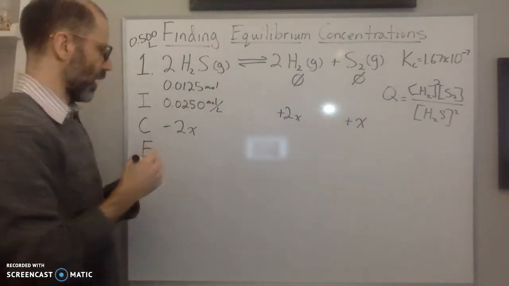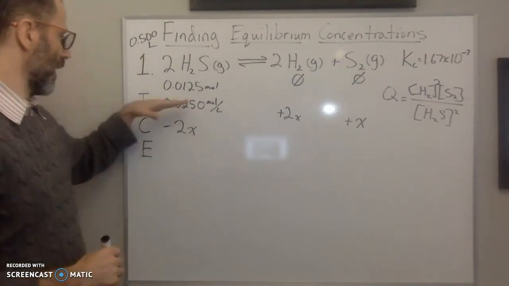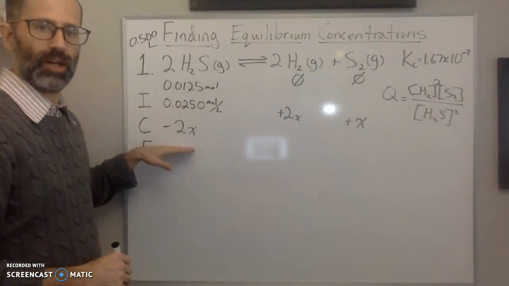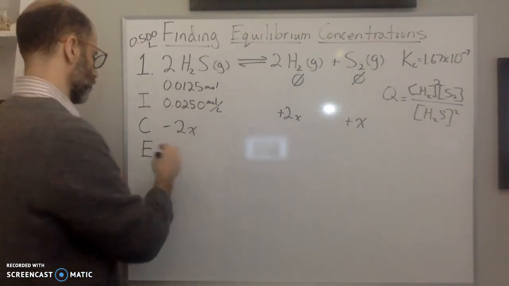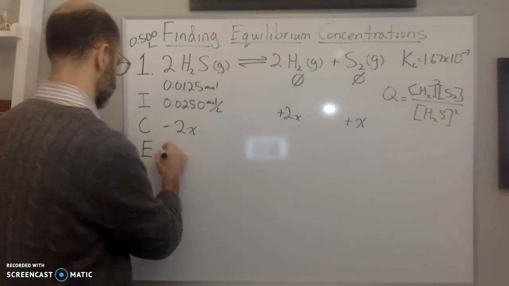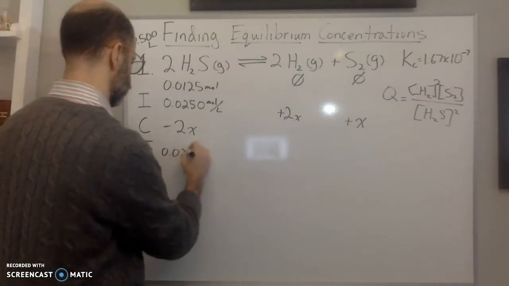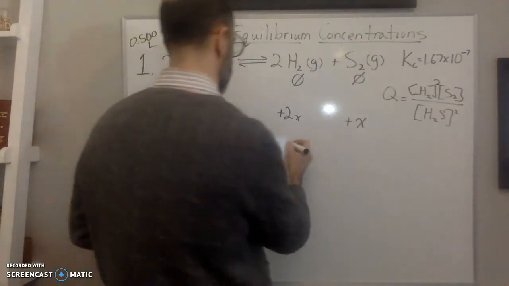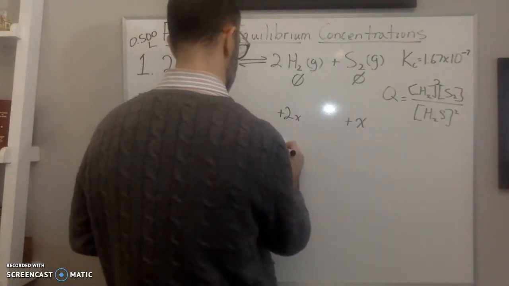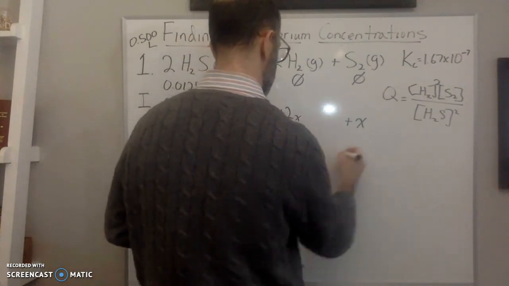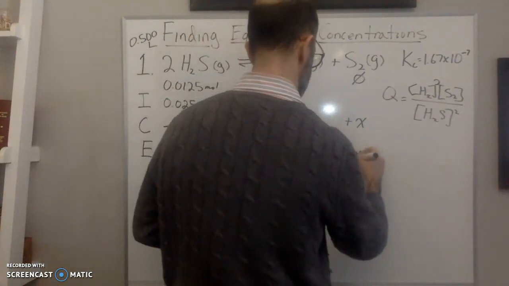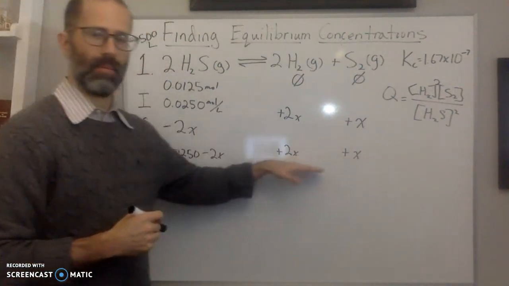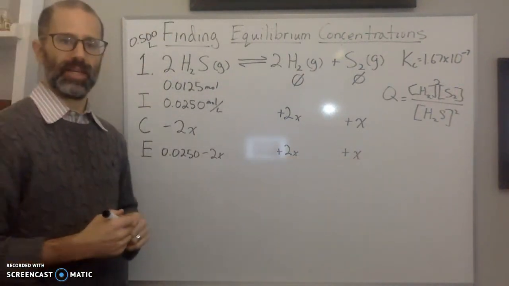Now all we need to do is add our initial concentrations with our change, and we'll get the equilibrium concentrations. So this is 0.0250 minus 2x, this is 2x, and this is plus x. Here we have the equilibrium amounts expressed in terms of x.